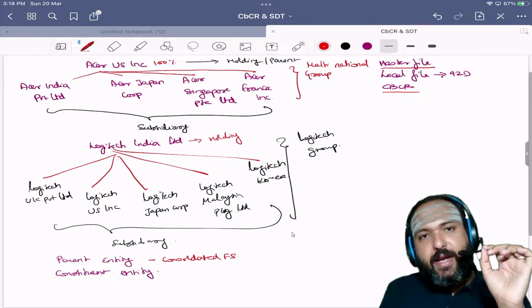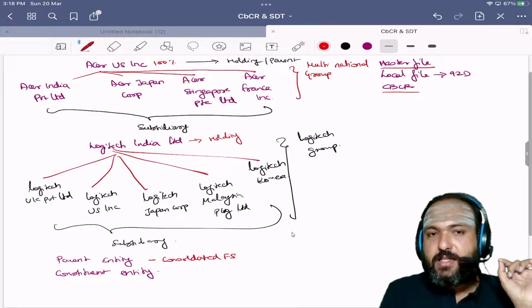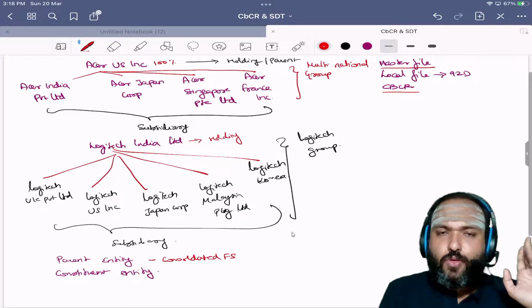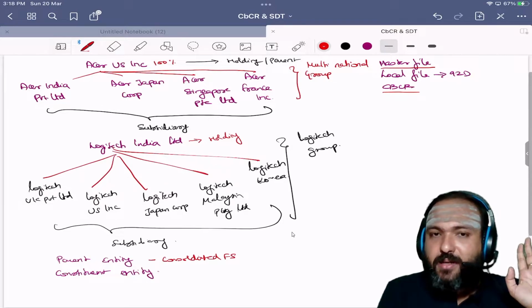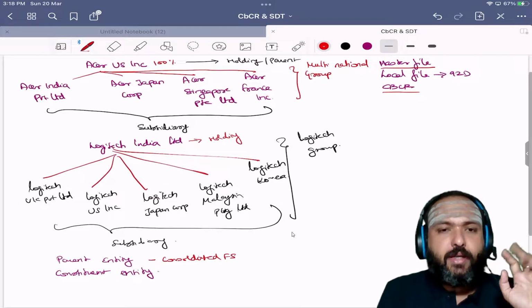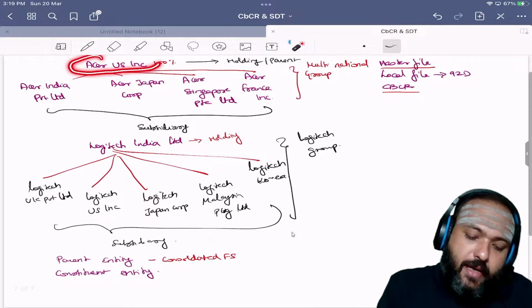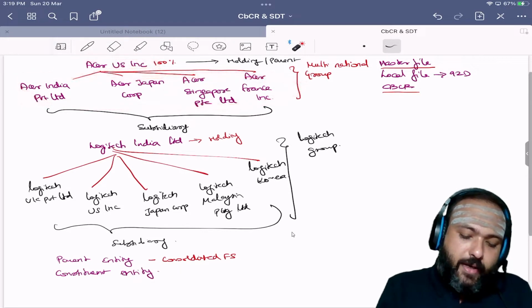Whichever entity prepares consolidated financial statements, that entity is considered as the parent entity. Every other entity is supposed to be called a constituent entity. So in our example, Acer US Inc. is the parent entity. All these are called constituent entities.